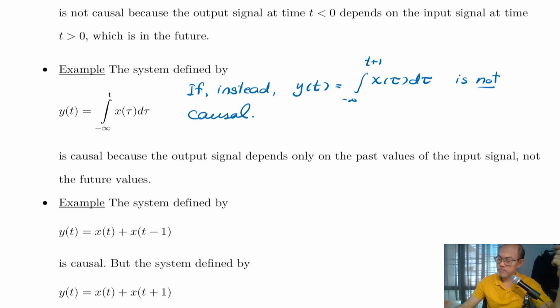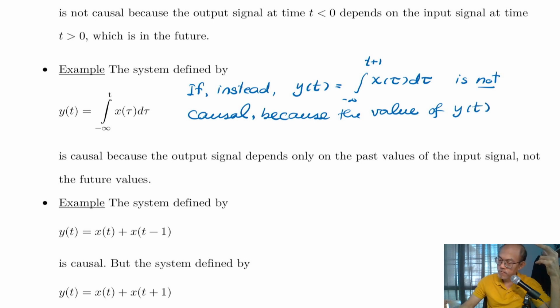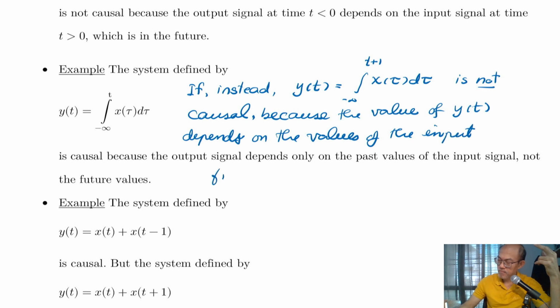Because the output at time t depends on the values of the input from time t to time t plus 1, which are in the future.